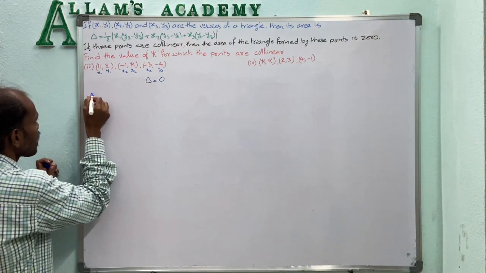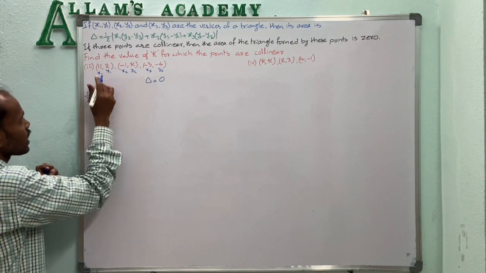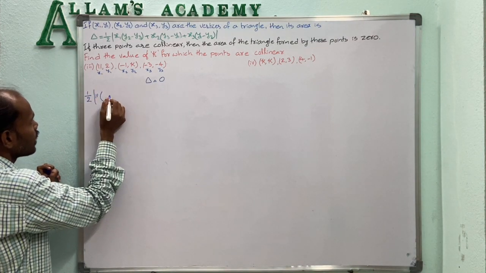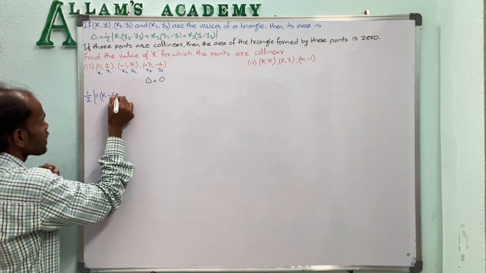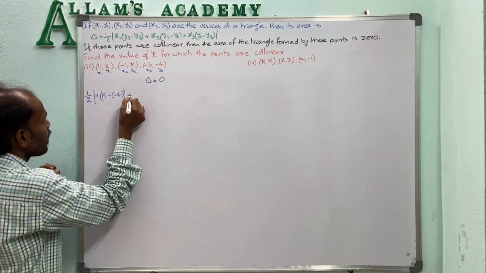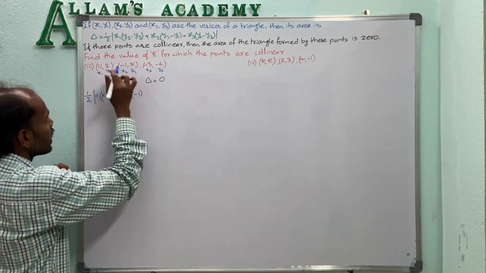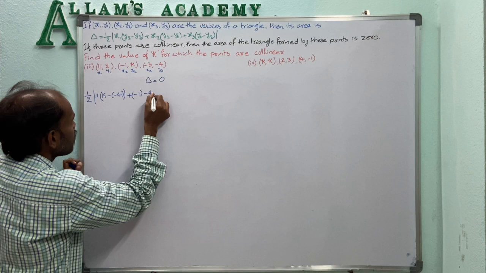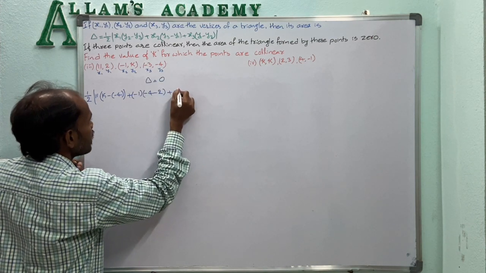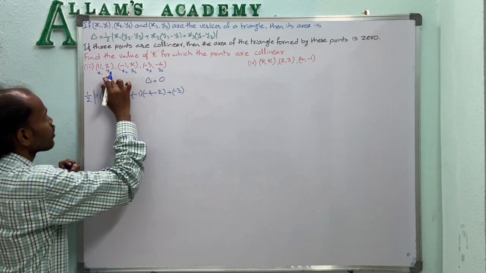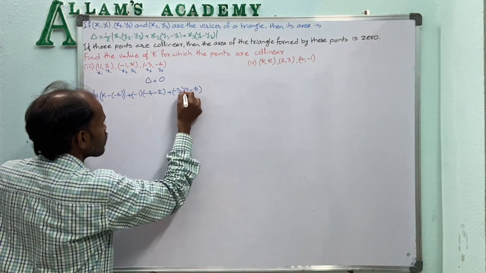Now if we substitute these points in this formula, then half mod x1, 11, into (y2 minus y3): k minus (-4), plus x2, -1, into (y3 minus y1): (-4 minus 2), plus x3, -3, into (y1 minus y2): (2 minus k), is equal to 0.